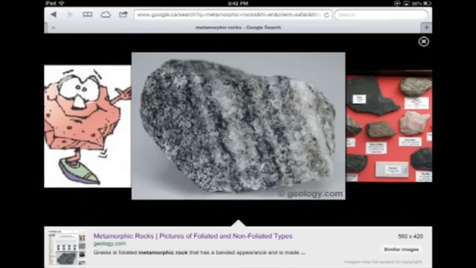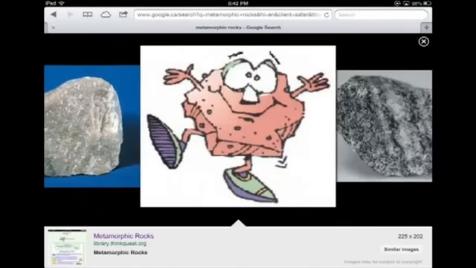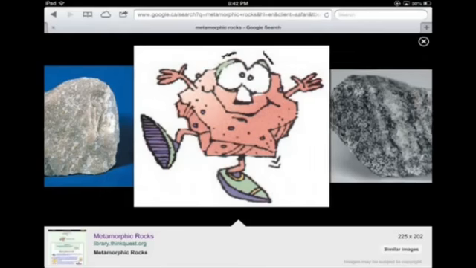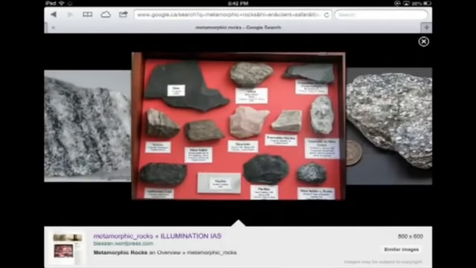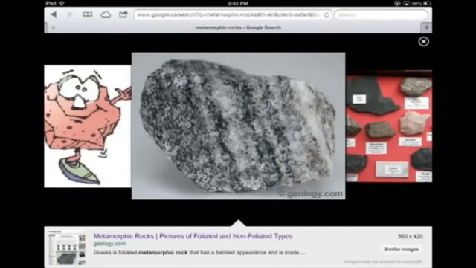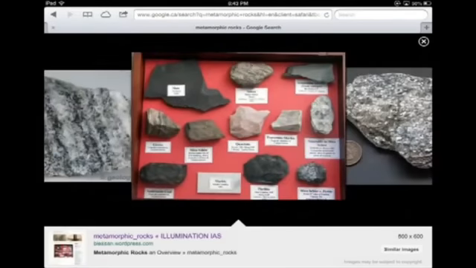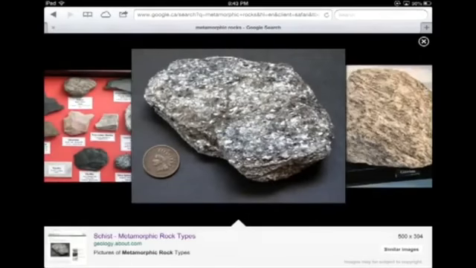That heat and that pressure, you can't expect a fossil to survive that process. Here's Mr. Happy Metamorphic Rock for some reason. It makes excellent building material, and you'll see some of the more common kinds of metamorphic rock, gneiss, quartzite, marble, etc.